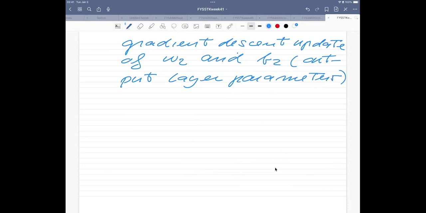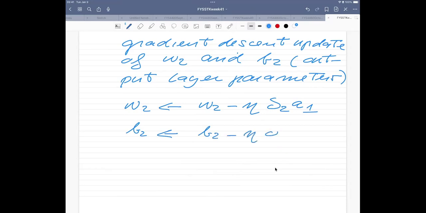So what I have then is that W2 gets updated with a learning rate, minus eta, and then the gradient, which is now given by this parameter delta 2 times A1. Then the parameter B2 gets updated by B2 minus eta times this parameter delta 2, where we found that this delta 2 is simply A2 minus y multiplied with the derivative of the cost function.